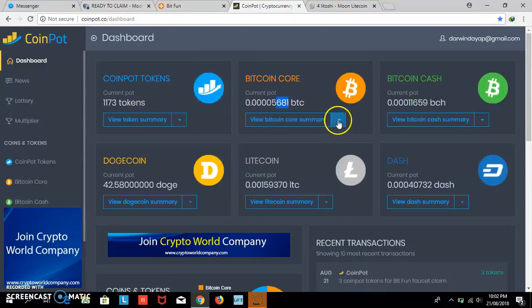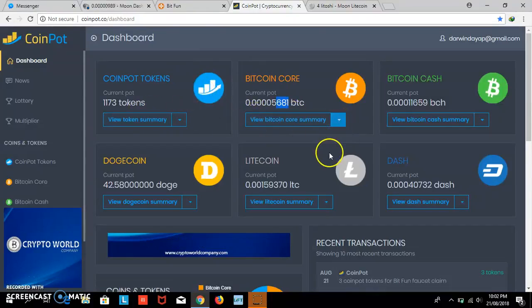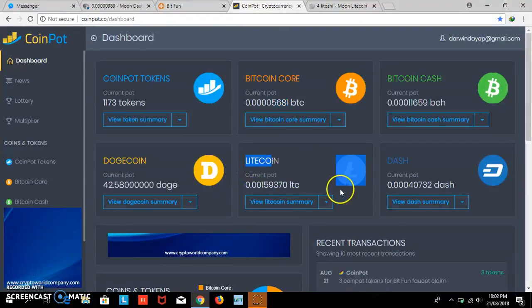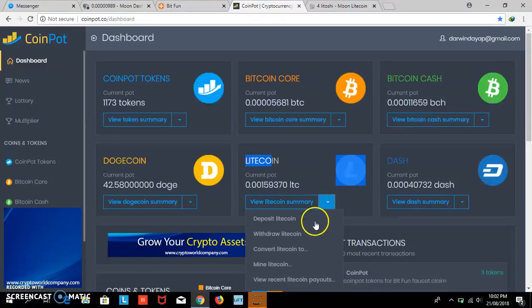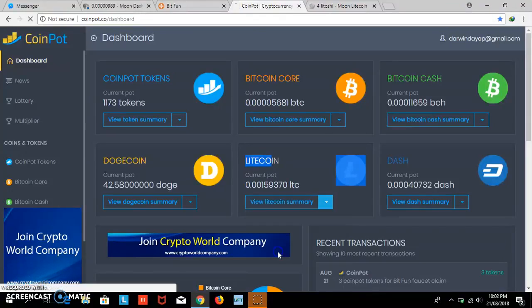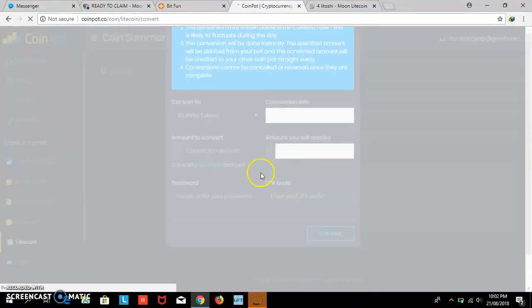So how to withdraw your Bitcoin Cash, or how to convert your Litecoin to BTC. All you need to do is click this arrow down and then convert the Litecoin.